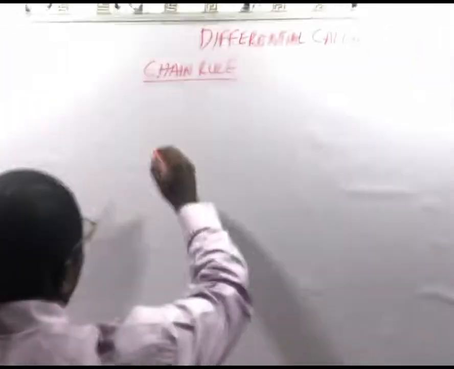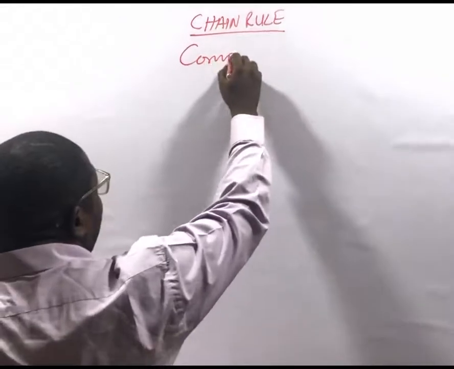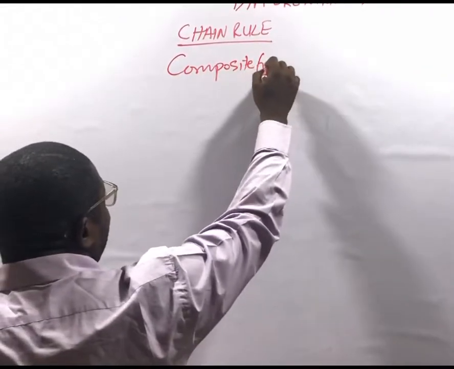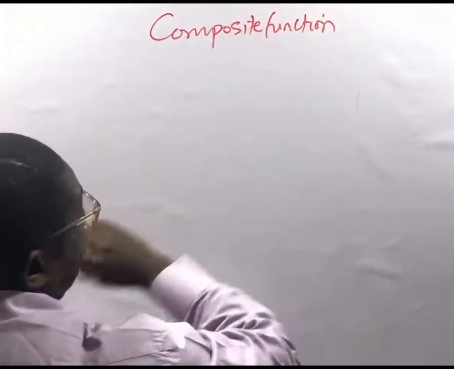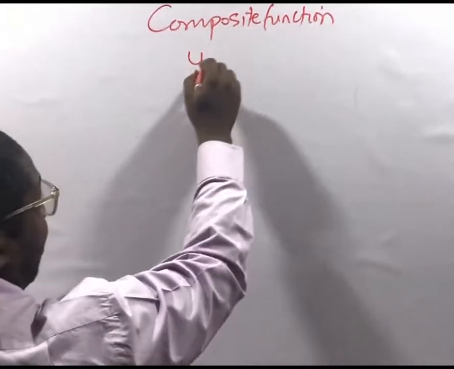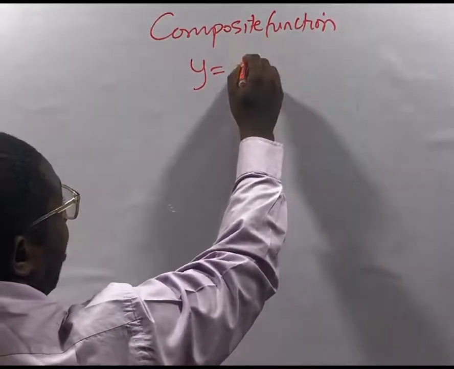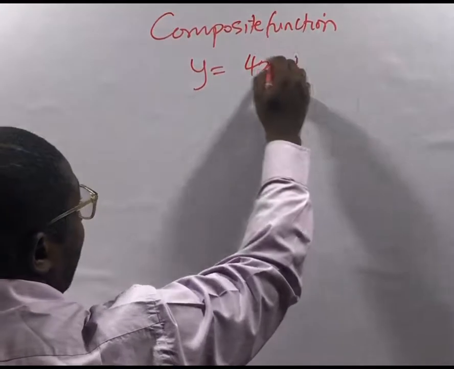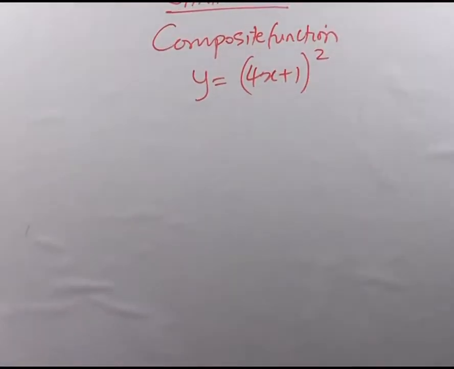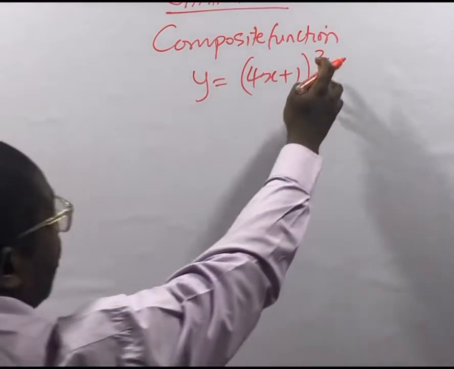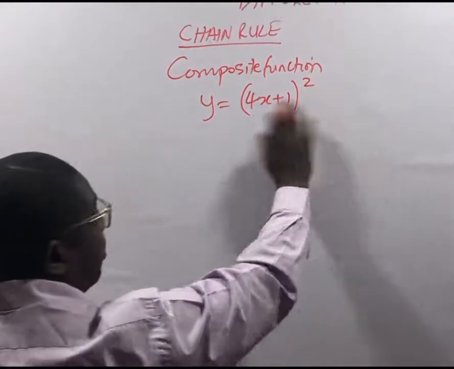That's what we call the chain rule, or we'll call it the composite function. Look at what we have on the board. Let's look at an example. When we talk about chain rule, we're talking about having what we call a composite function. An example of that is where you have y is equal to 4x plus 1 raised to power 2, or raised to power 5, or raised to power 10, whatever it is.